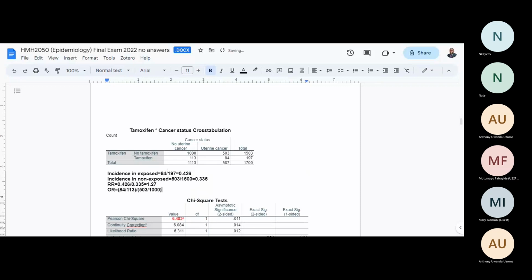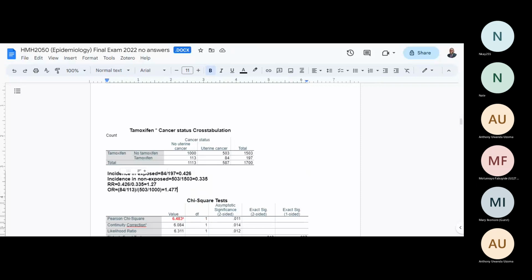All right, so tell me the answer. 1.477. Okay, so we have our odds ratio.